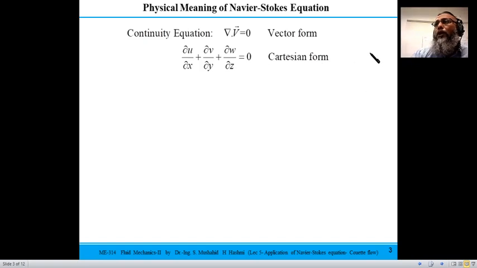So there is no creation taking place within the region, and there is no sinking within the region. That is so far the physical meaning of this continuity equation. And after completing the Reynolds transport theorem, we will derive it using the integral approach, because so far we have derived it using the differential approach.